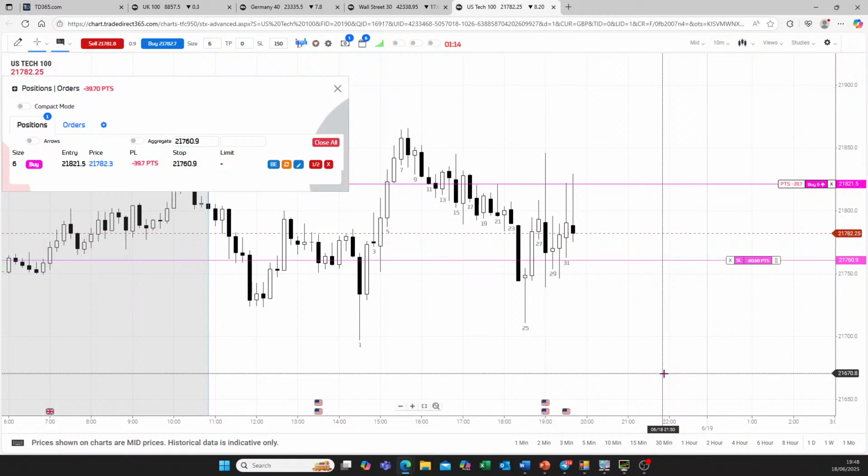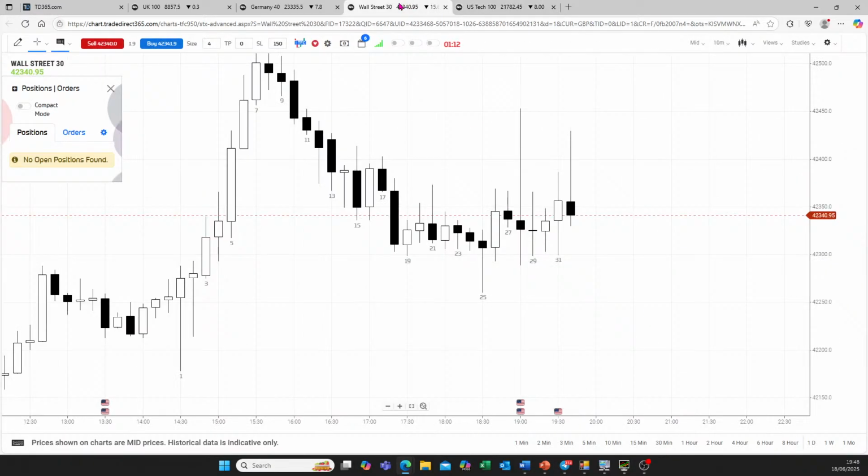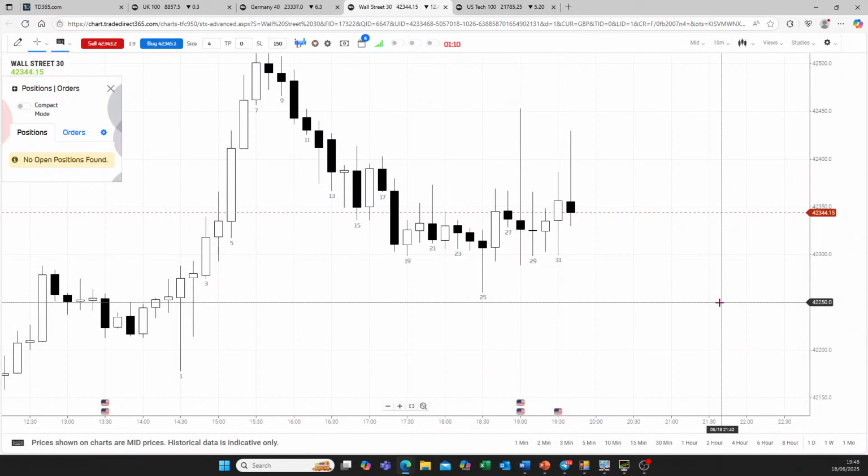We're trading back into the trading range. Not at all what the rule of 4 is about. Not at all.